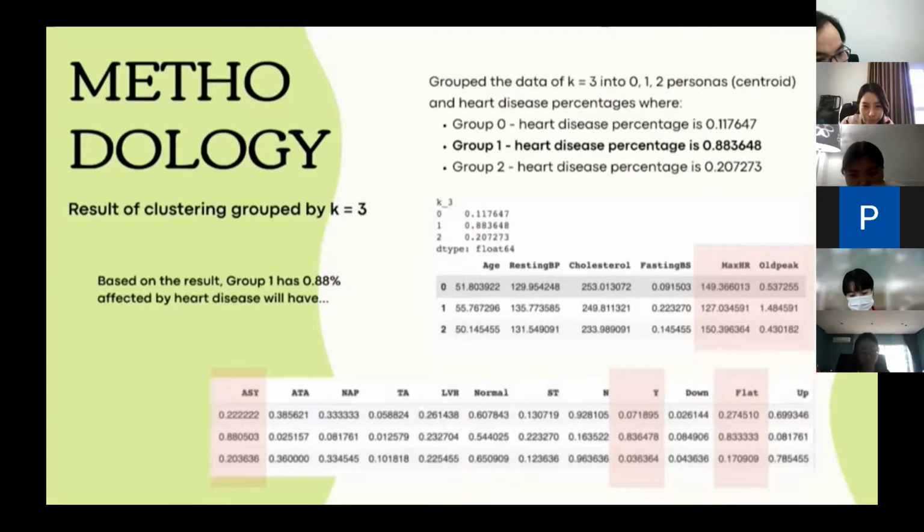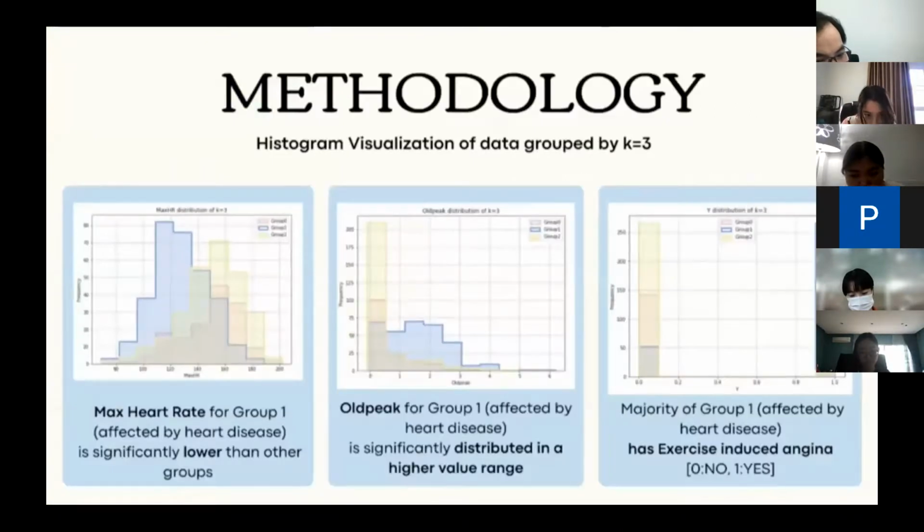Here is the histogram visualization of the distributed data grouped by K3. It can be obviously seen that the value of max heart rate for group 1, the blue graph, which is 88% affected by heart disease, is lower than other groups. As for the Oldpeak, group 1 has distributed values in a higher range from 0 to 4, while the majority of other groups have a value equal to 1.